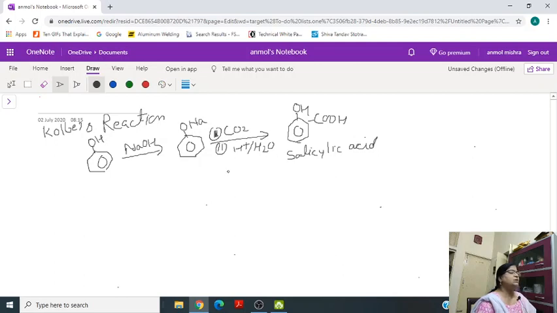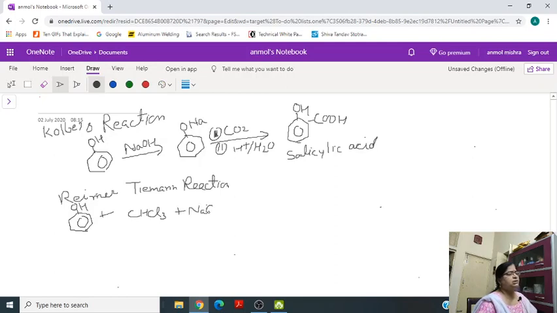Next is Reimer-Tiemann reaction. When phenol reacts with chloroform and NaOH, it forms an intermediate, and second step will be hydrolysis.